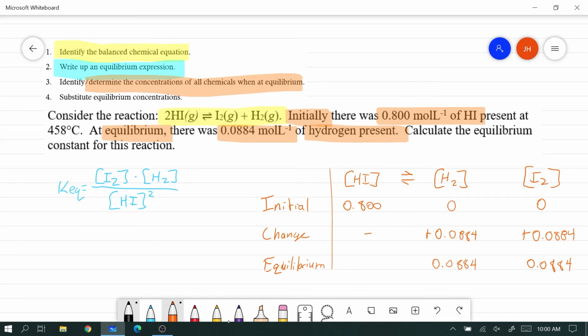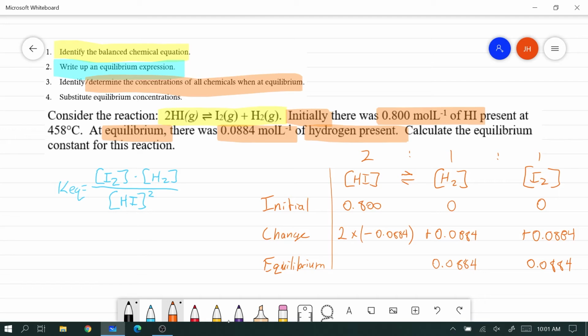But because of the molar ratios here, which are 2 to 1 to 1, what needs to happen is that double the amount of hydrogen iodide needs to be consumed to produce the correct amount of hydrogen or the correct amount of iodine. So it's not just going to lose 0.0884 moles per liter of concentration, but it's going to lose 2 times that, and that is because of our molar ratios.